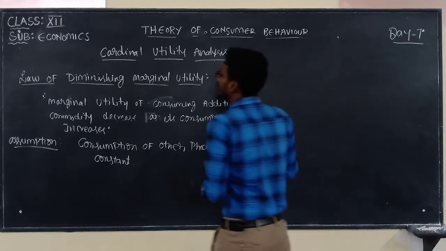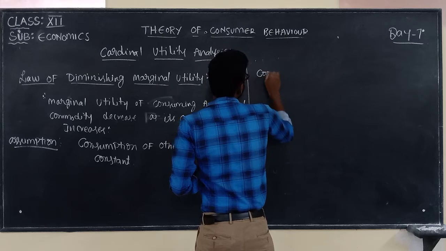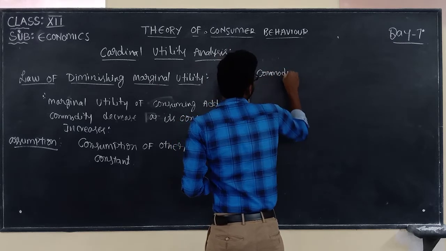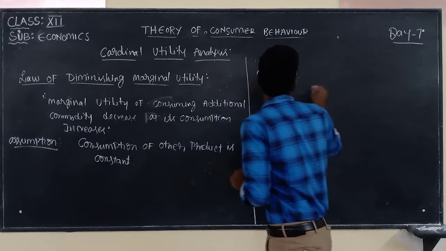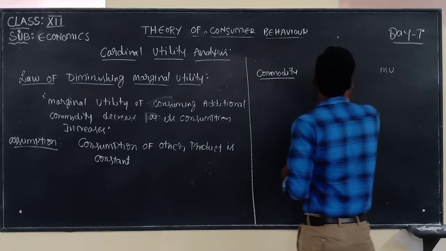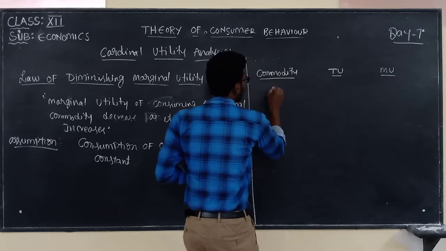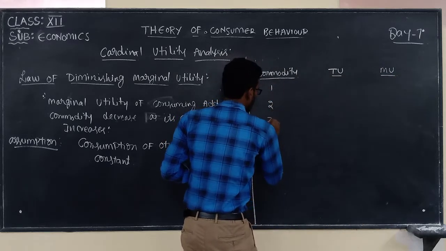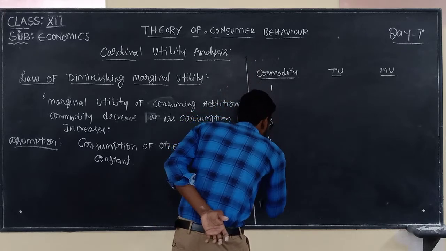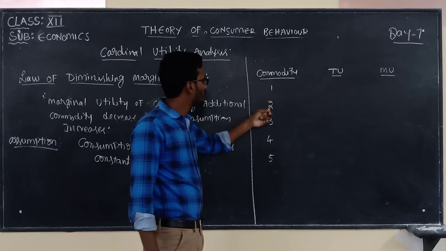Now we can consider the commodity, total utility, and marginal utility. Commodity 1, commodity 2, commodity 3, like that.